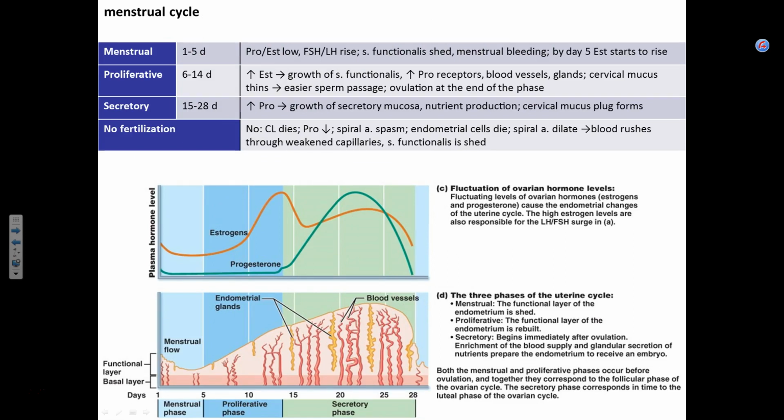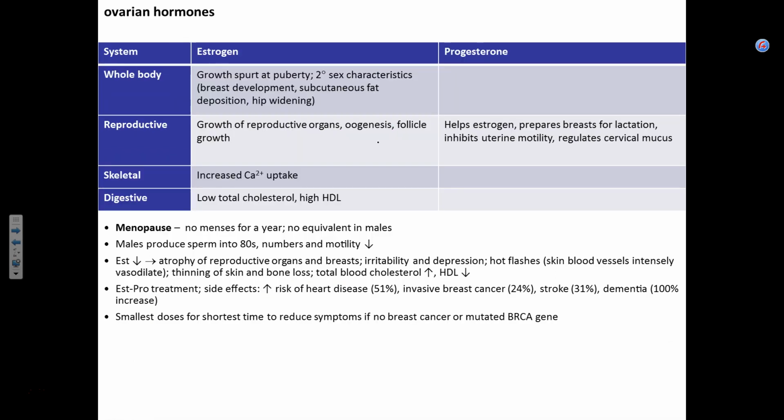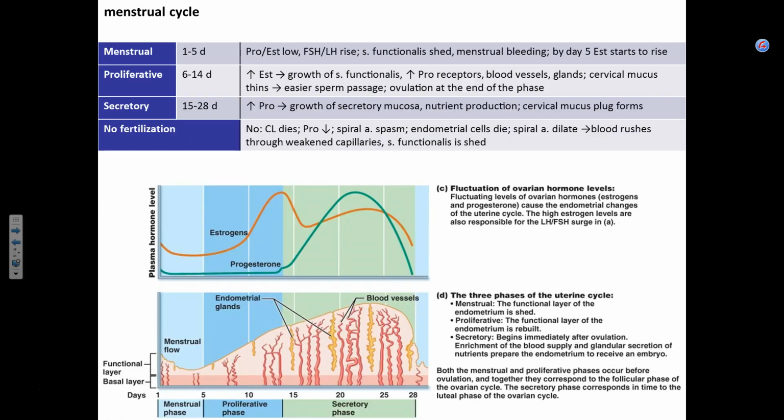So the ovarian cycle is linked to the menstrual cycle. The menstrual cycle can be separated into 3 phases. The first phase is the menstrual phase, shown here.